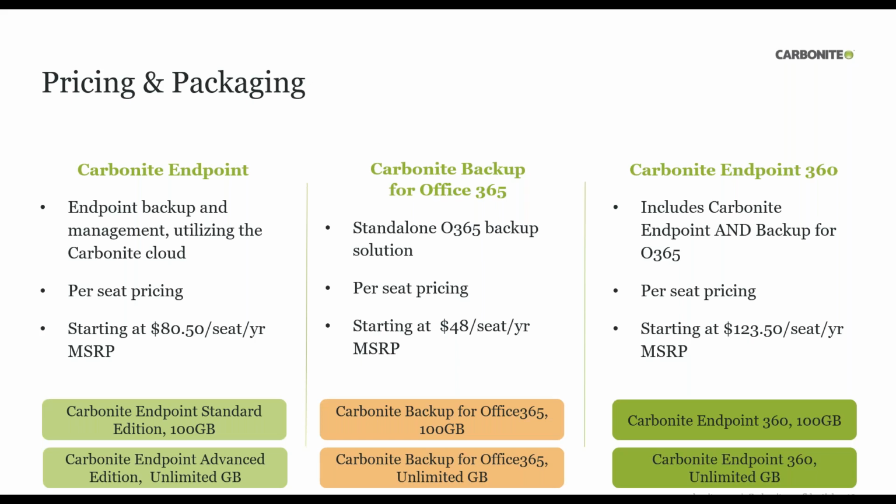Let's say you've got an organization with 50 Office 365 E3 licenses purchased, of which 42 are currently assigned to end users and 8 are not assigned to anybody. If you go to buy Carbonite Backup for Office 365, then you would need to buy 42 unlimited backup licenses from us, and that would entitle you to back up the entirety of your organization.